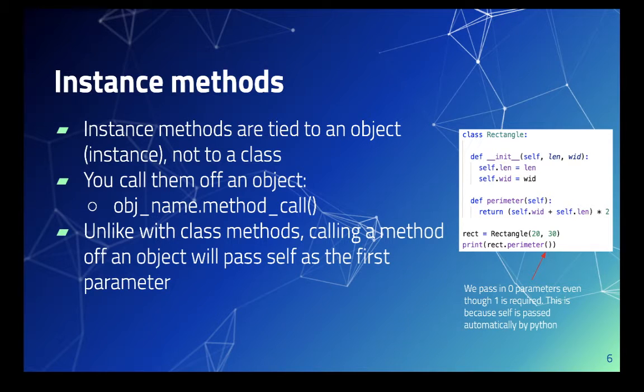Essentially when you call an instance, in this case rect for rectangle, if you call rect.perimeter, what Python is going to do is pass in rect, the object itself, as self. So then we can call self.width or self.length, because rect and self both point to the same thing.